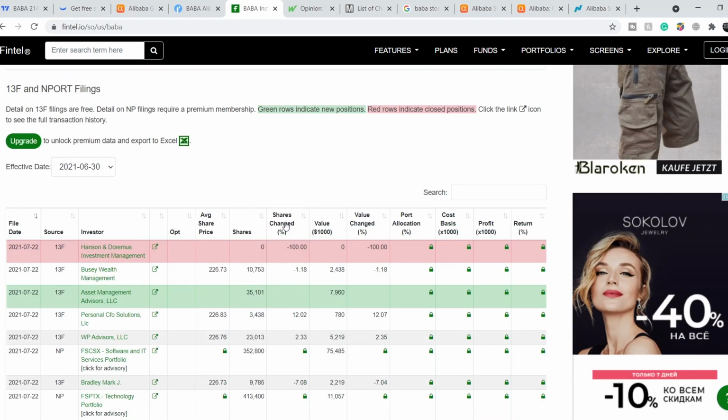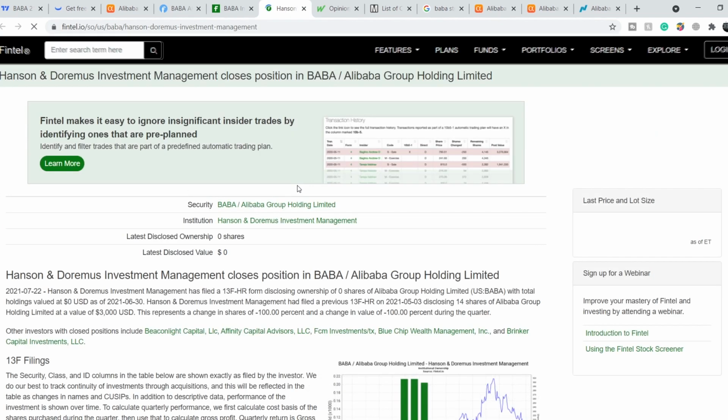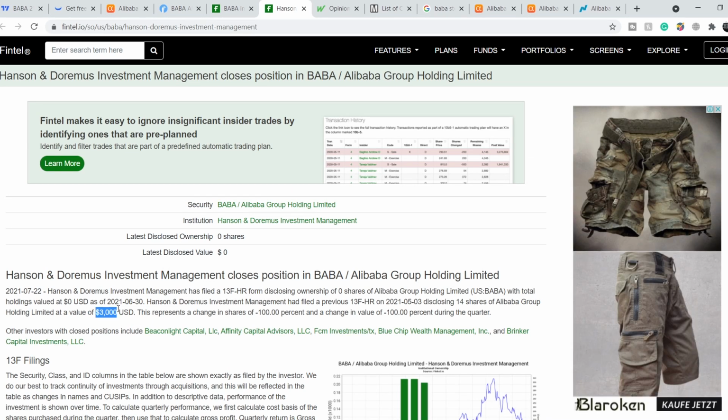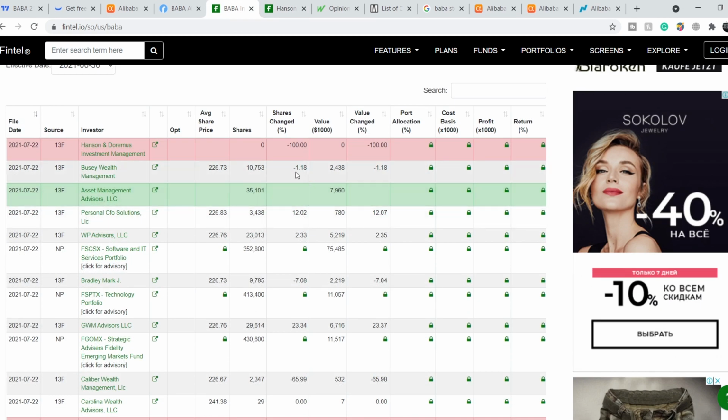Right here in this column you can see the share change, and this company closed their position. It is interesting how big their position was. They closed their position and the value was only $3,000. So it is nothing at all. And right here you can see the share changes, negative 1.18%, positive 12.02%.